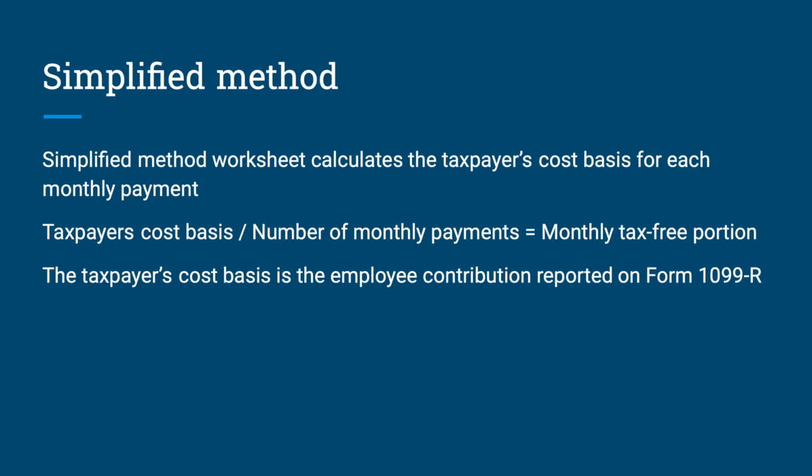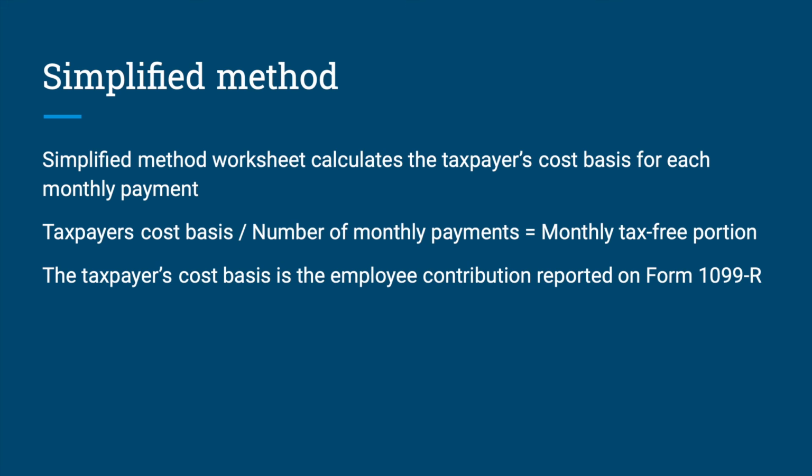And so the simplified method worksheet calculates the taxpayer's cost basis for each monthly payment. And again, I would refer back to Publication 4012 because there are specific instructions in there that talk about how you need to fill out the form in TaxSlayer in order to have the simplified method calculate accurately. And so really, in order to calculate the monthly tax-free portion, the simplified method takes the taxpayer's cost basis and divides it by the number of monthly payments.